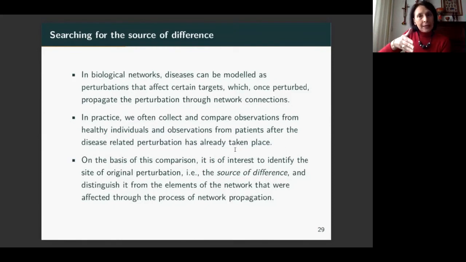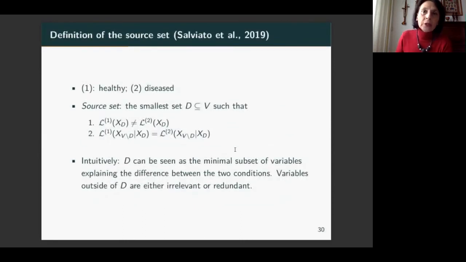So, you know, explanation means conditional independence, which means graphical models. So here, graphical models can really help, provided that a formal definition of the variables which were initially shocked is given. So we call this set of variables the source set. And the definition was formally given by Salviato and colleagues in a paper published last year.